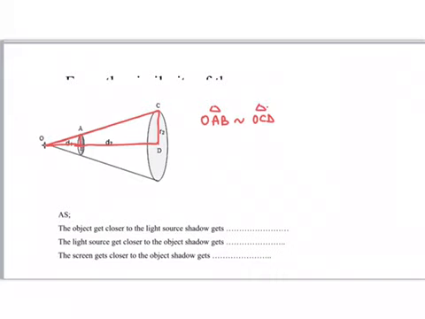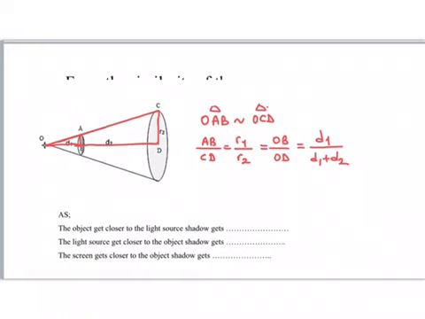So the ratio of AB to CD, which is equal to the radius of the object to the radius of the shadow, is equal to OB to OD, which is equal to the distance of the object to the light source over the distance of the shadow to the light source.